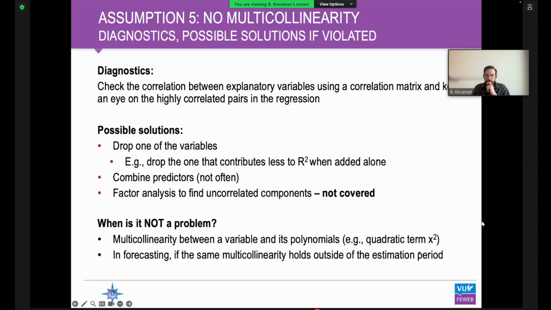So adding the x square in the model will introduce multicollinearity, but this is not a problem because this is a deliberate thing. And in forecasting, if the same kind of multicollinearity holds for the period value where you will make a forecast, then it's again not a problem.